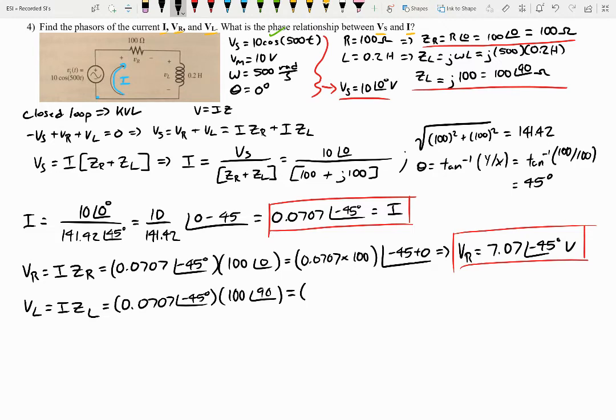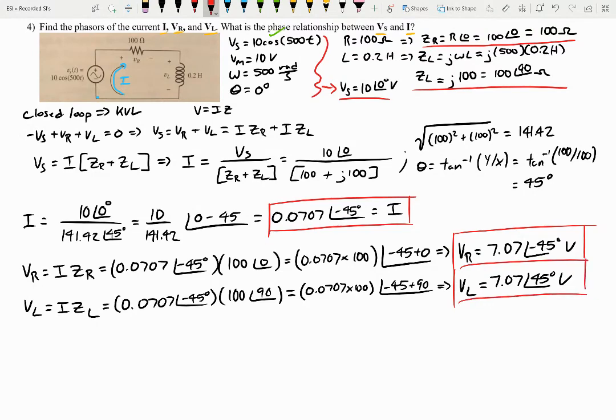Just like before, we will multiply the magnitudes together. We're going to add those angles. Okay, and doing that will give us 7.07 at an angle 45 degrees.